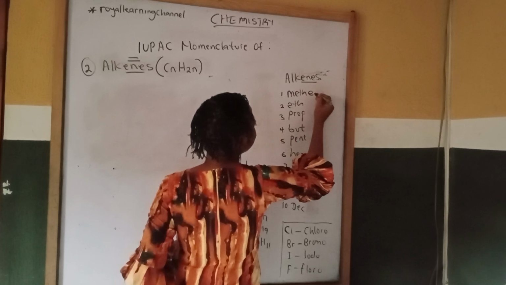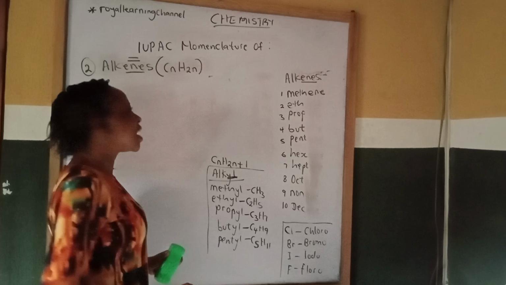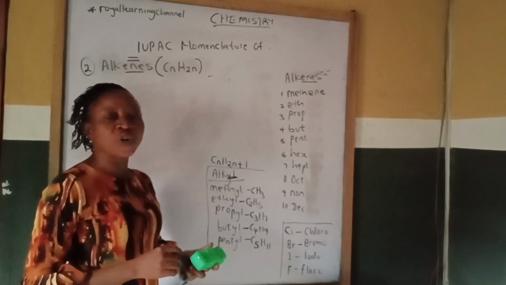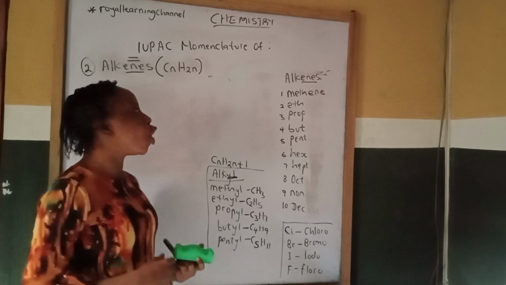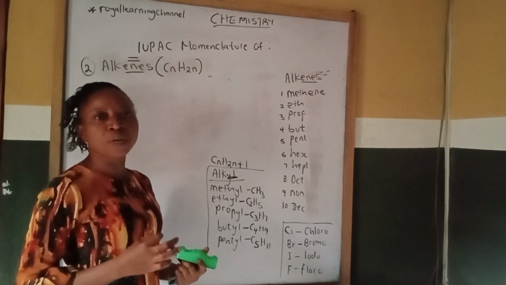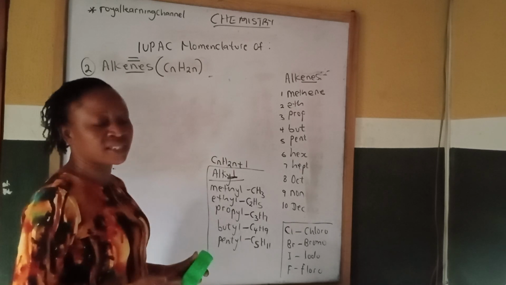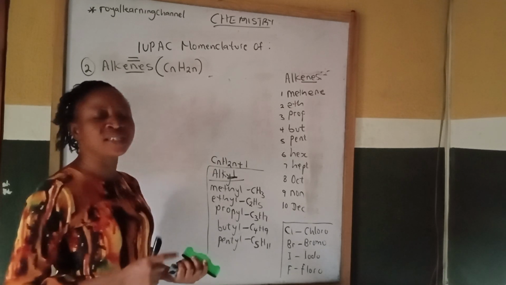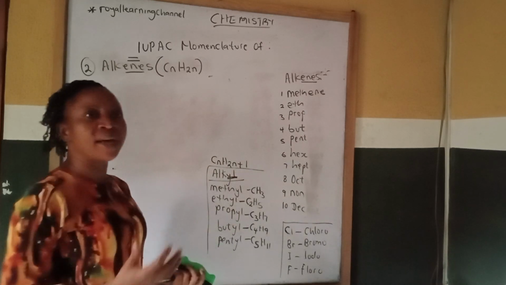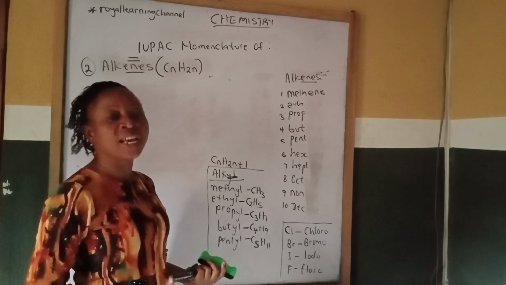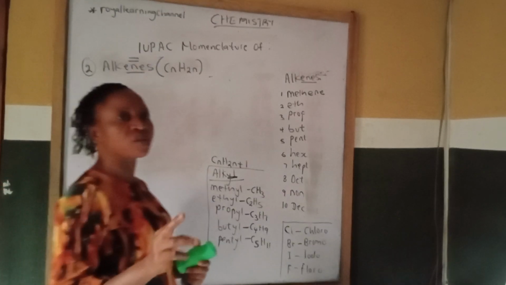The first member will be methene. But there is nothing like methene under alkene. I'm going to explain that. Go and check my video on alkene to see the reason why methene does not exist under alkene. Now let me just tell you, the reason is that the double bond from alkene must exist in between carbon atoms.